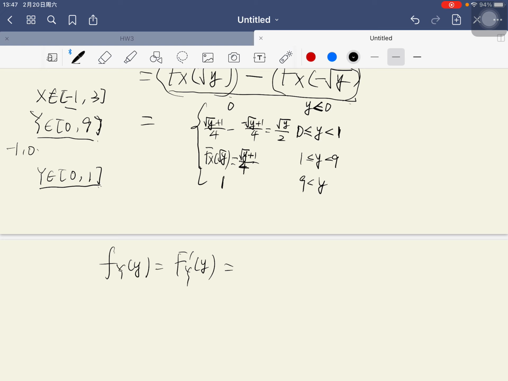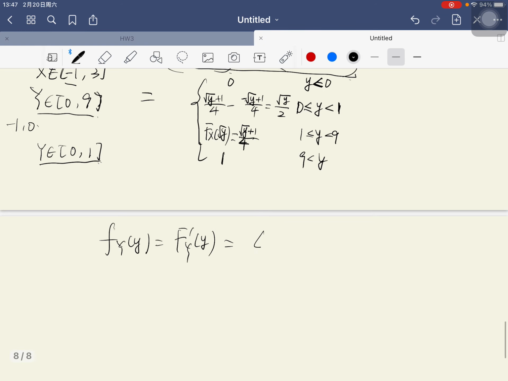So it is equal to 1 over 4 times the root of y, for y from 0 to 1, and for y from 1 to 9 it is equal to 1 over 8 times the square root of y, and for other y's it is 0.